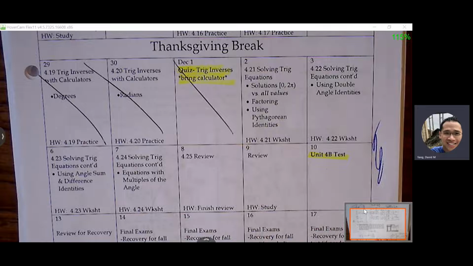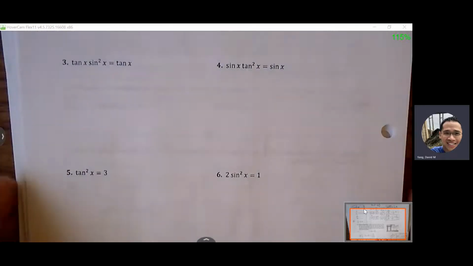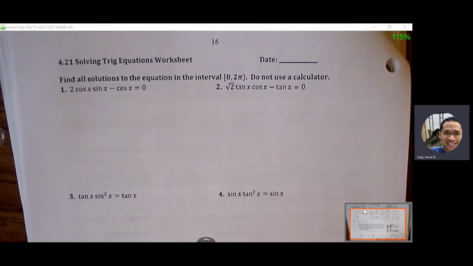Okay, so if we can turn to page 16. You have access to your unit circle at the back page, so you can refer to that if we need to go back and forth between it.